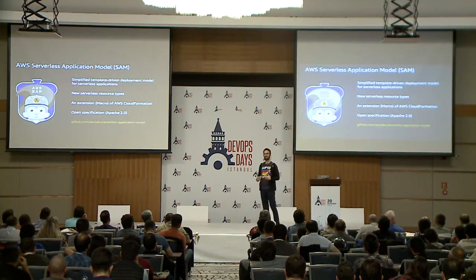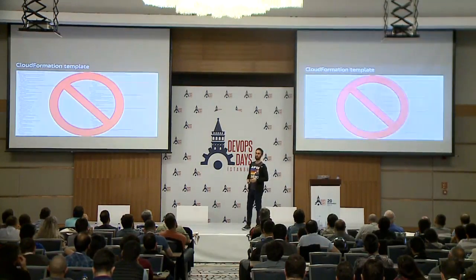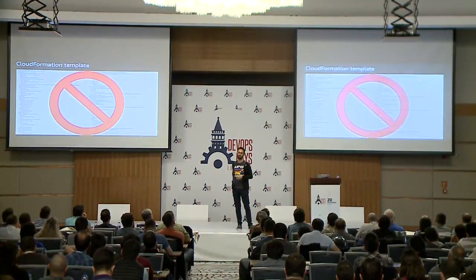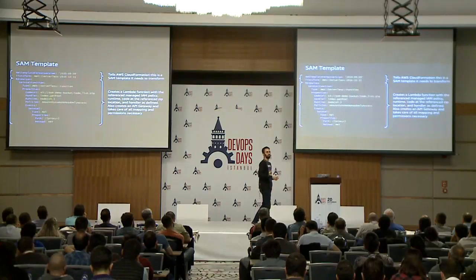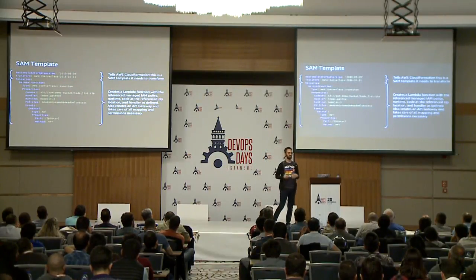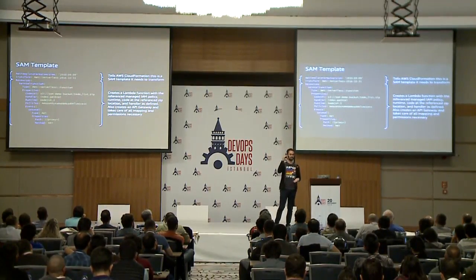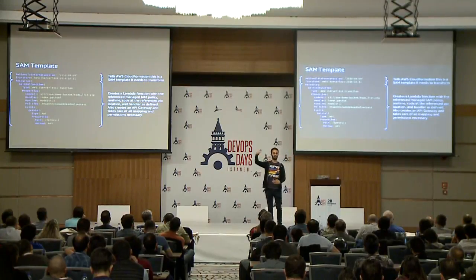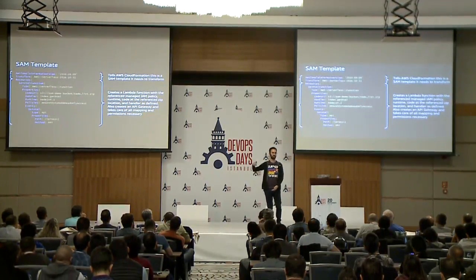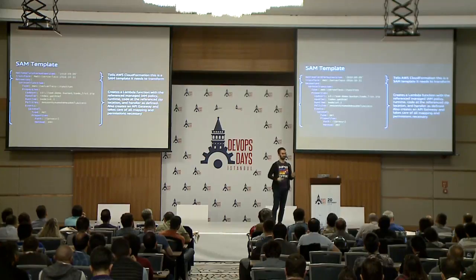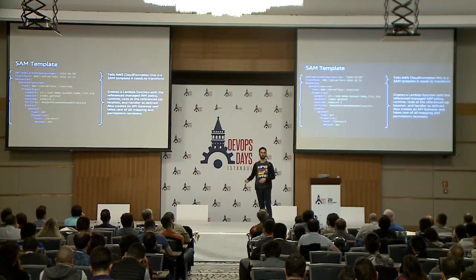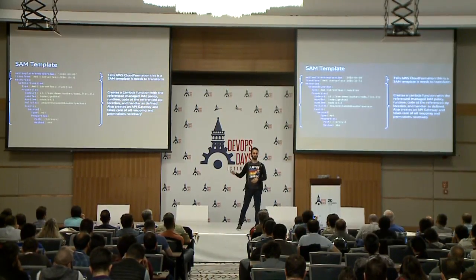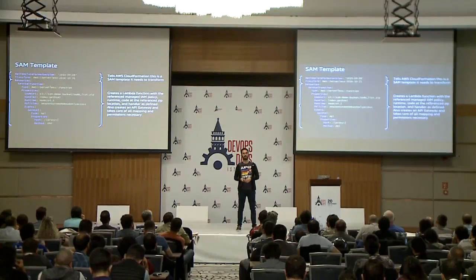So SAM is an extension that allows you to go from this like 500 lines of CloudFormation YAML templates to maybe 15 lines. So it's an extension that takes your simplified template and expands or transforms it into the long version. So it does a lot of magic for you. It's open source as well. So you can fork it, customize it, redeploy it, and use your own SAM 2.0 if you like it.